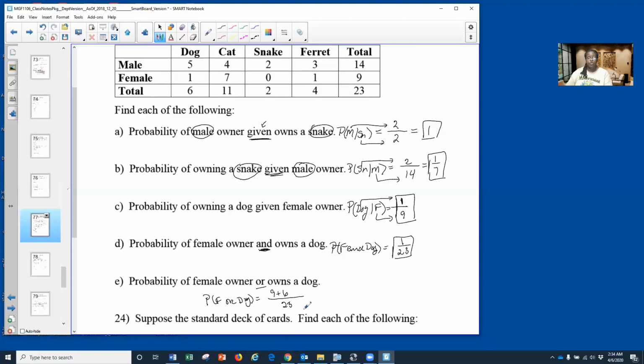You're going to have tables, charts, pie graphs, bar graphs. Being able to interpret and read what they give you is very important. Now, is there a column that represents where you have a female who also owned a dog? We do. So we have a female who owned a dog right here. How many is that? 1. We've got to subtract that out.